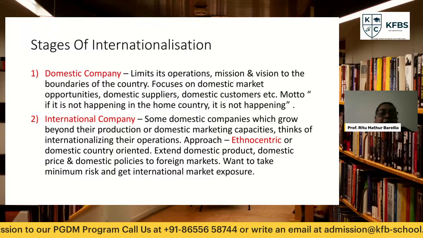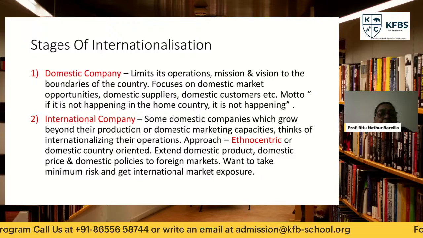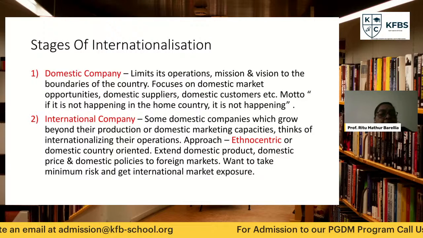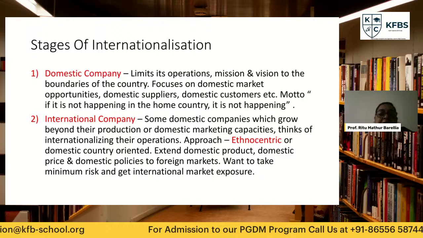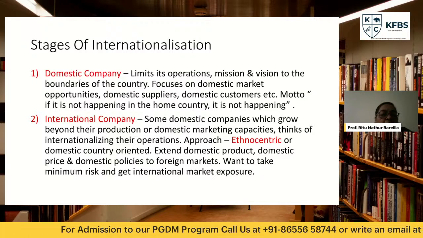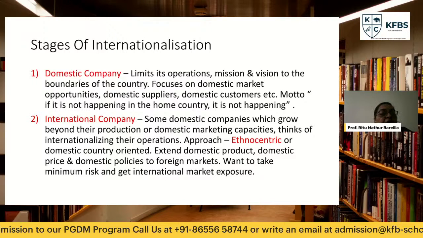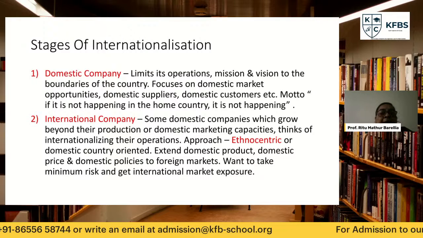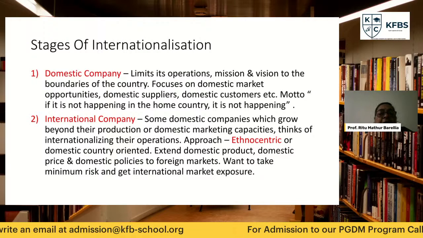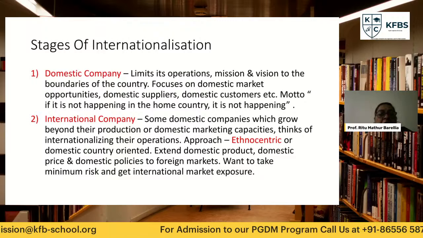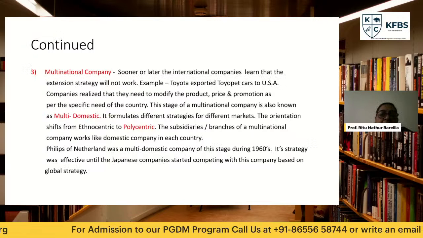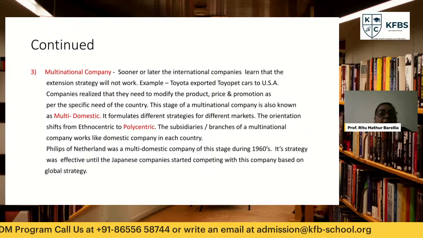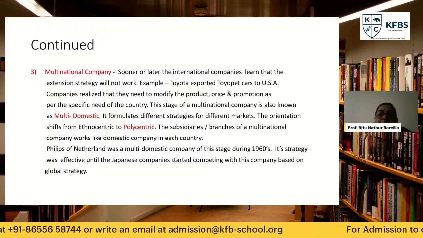The companies at this stage think that whatever product they are manufacturing for the domestic market, they would extend the same product for exports without any modifications in the product. This approach of the domestic company is known as an ethnocentric approach, that is, extending the same product they are manufacturing in the domestic market for the international market.